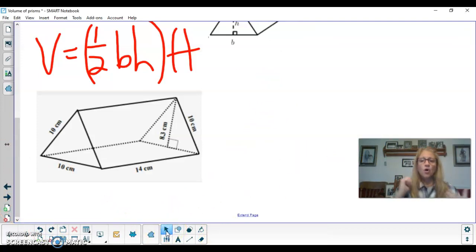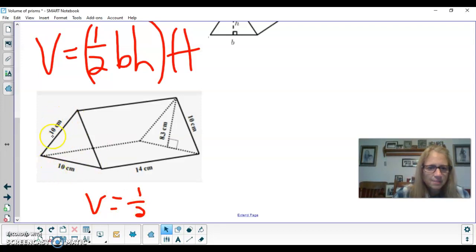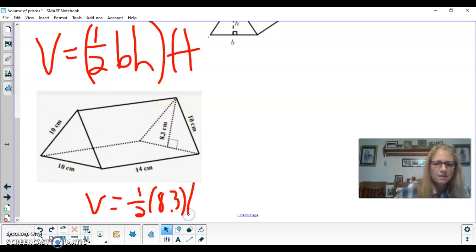All right, so all you have to do here is fill in volume. So you put 1/2. Now, you need the base of the triangle. Here's the base. The base is 8.3. So we put 8.3. That's the height. And the length of this is 10. So times 10.